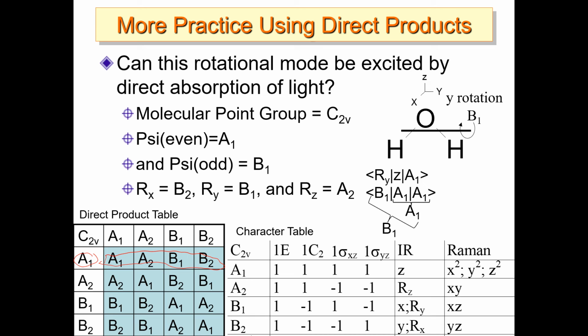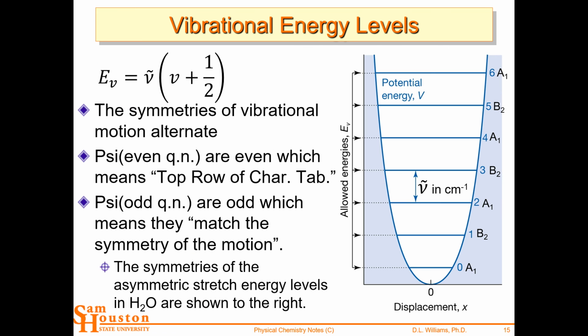After a few times with this, you'll be able to do the one on the right without even having the direct product table, because anything times A1 is returned. So A1 times A1 is A1, and B1 times A1 is B1. Then we can do rotation around, I think that one was X.